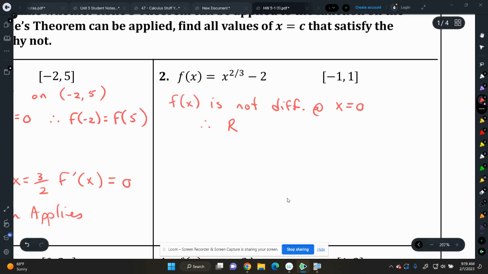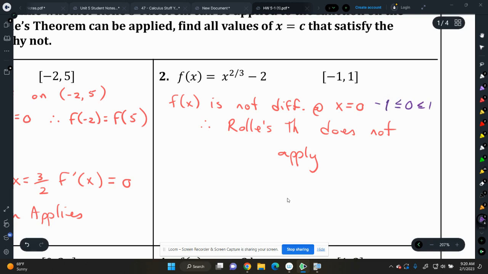Therefore, Rolle's theorem does not apply. Just to be extra safe and careful and clear, I'm going to state that 0 is between 1 and negative 1. Okay?